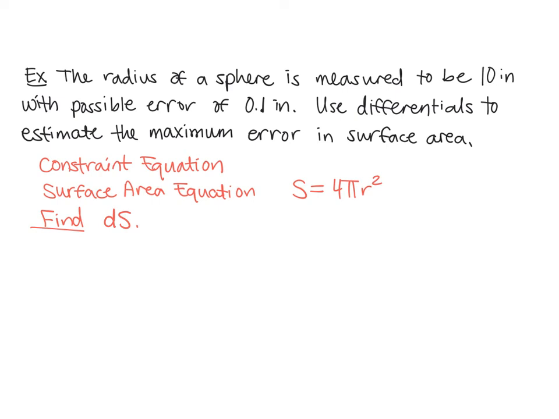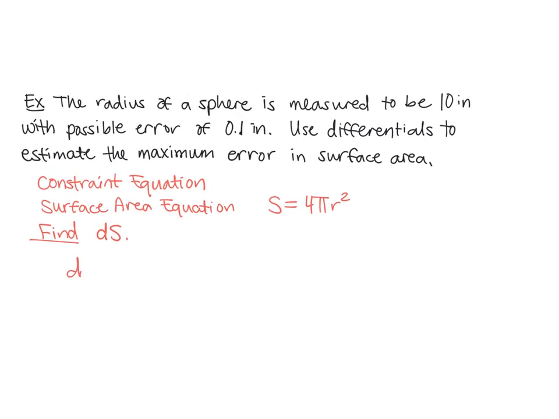So ds, it's going to be our differential. So ds equals ds with respect to r times dr. So it's the same definition. You can imagine the dr's are canceling. However, there's more happening underneath, so they don't technically cancel.